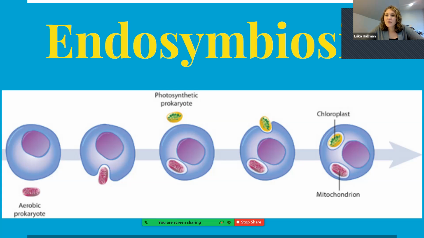Well, prokaryotes are tiny, which means that they gained a little bit of protection. They also gained a lot of exposure to nutrients because eukaryotic cells are much larger and more efficient at diffusing and transporting nutrients into their cells. So the prokaryotes gained a nice nutrient-rich place to live, and the eukaryotic cell gained the ability to make lots of ATP from the mitochondria and make energy from the sun from the chloroplast.